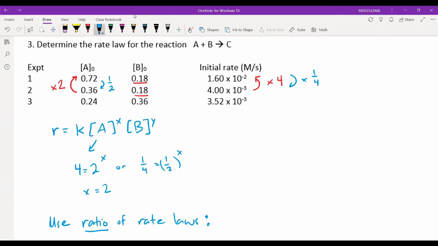And all that really matters is that B needs to change. So you could choose 1 and 3 or 2 and 3. Doesn't really matter. I'll just choose 2 and 3. So going from here to here, we have a change in B, and then A is changing, but we know the order, so we'll be able to work that out mathematically.